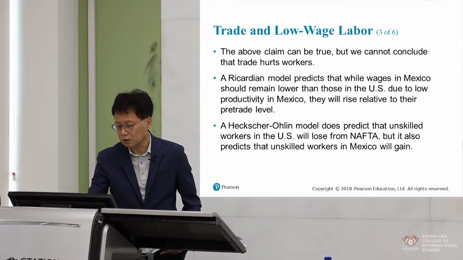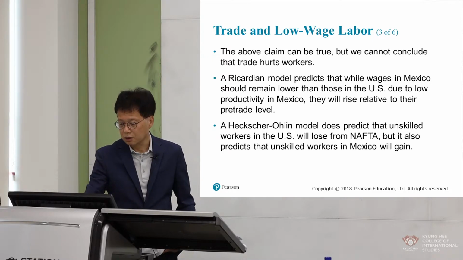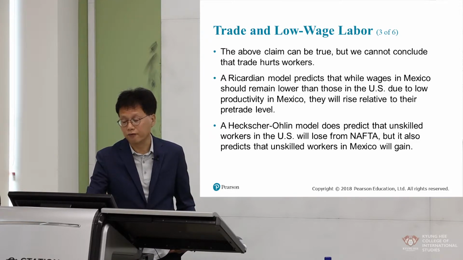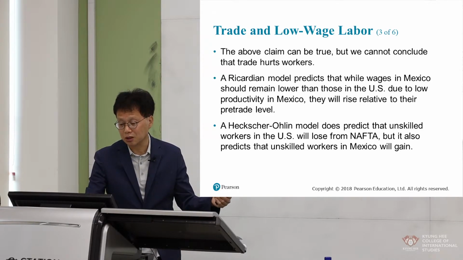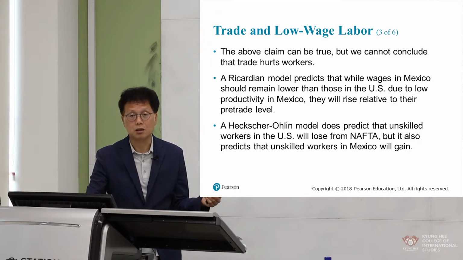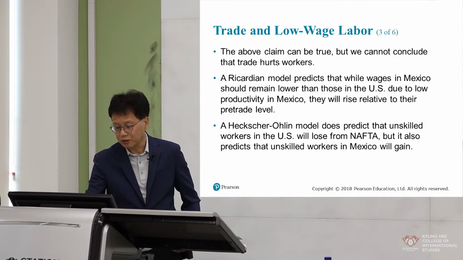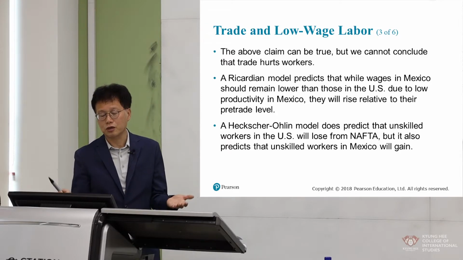Also, the Heckscher-Ohlin model's prediction is this. The United States has a comparative advantage in human capital or physical capital intensive sectors, or processes in automobile production, whereas Mexico has a comparative advantage in unskilled labor intensive processes, the assembly process in manufacturing cars, for example. But it is also predicted that unskilled workers in Mexico will gain.